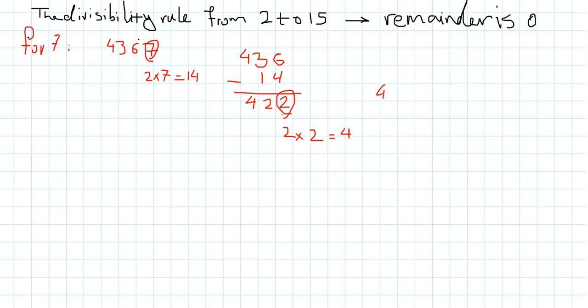Now I have 42 minus 4. 42 minus 4 is 38. 38 is in the 7 timetable or not? 38 is not a number in the 7 timetable, so we say the whole number cannot be divided by 7.